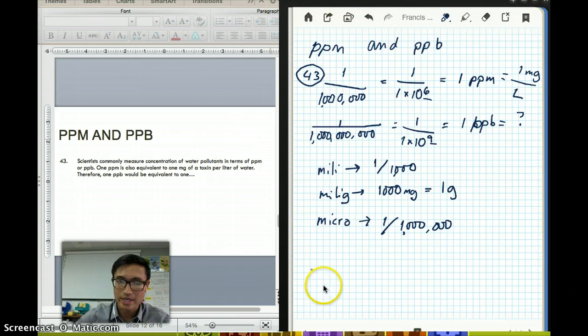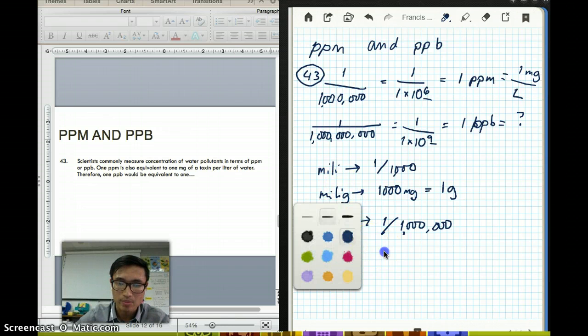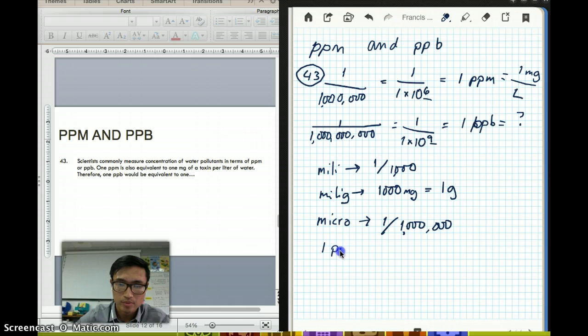So the correct answer choice for this one, if you're looking onto your test, is that 1 part per billion is going to equal 1 microgram per liter, okay?